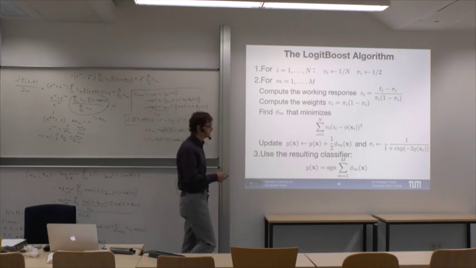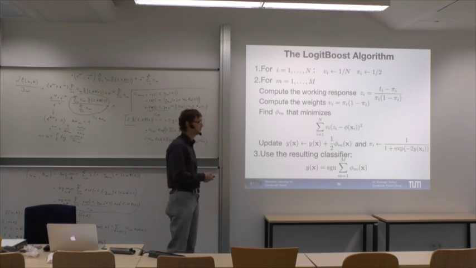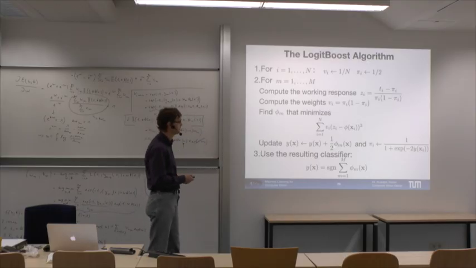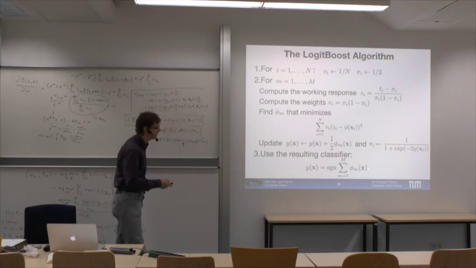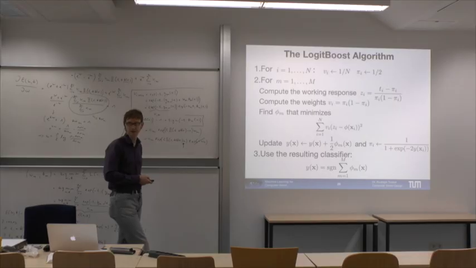And of course, we update the probabilities. And as I said, it's a nice way of interpreting this as a probability of this data point. And we do this over and over again. And in the end, we do again the sign of the sum of our weak classifiers.